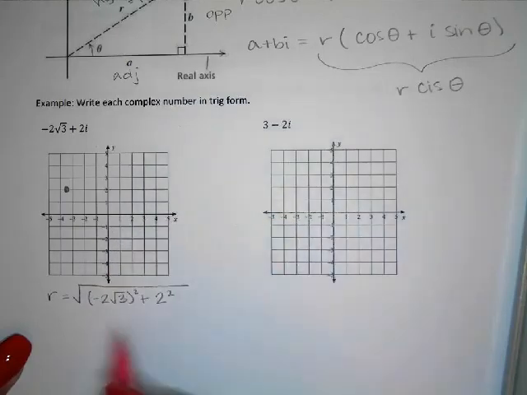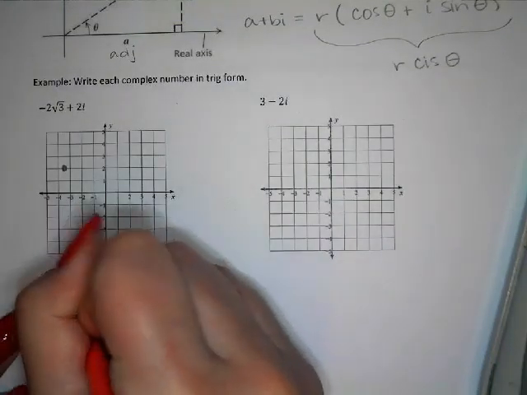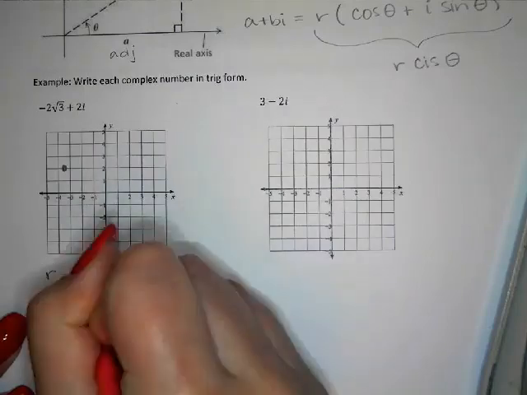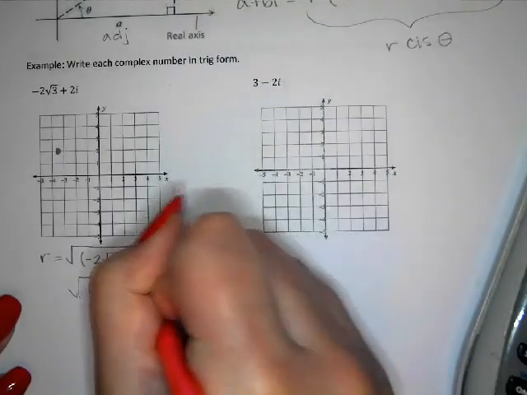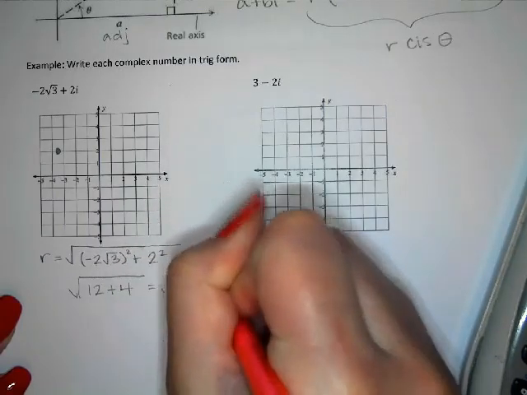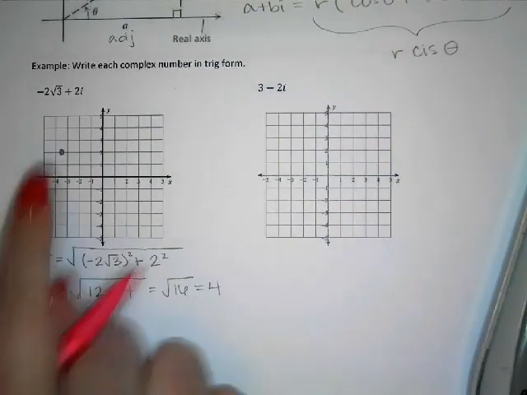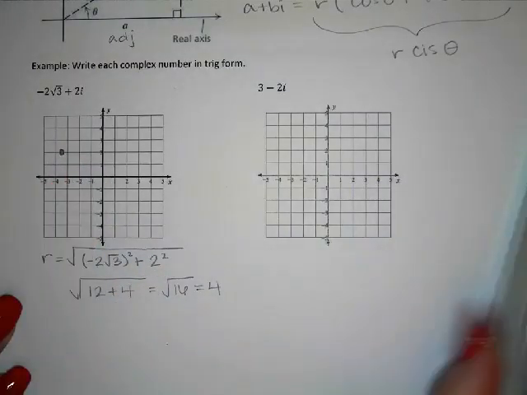So negative 2 squared is 4. 4 times 3 is 12. So this is the square root of 12 plus 4, which is the square root of 16, which is 4. Okay, so the modulus is 4. The distance between this and the origin is 4, or the absolute value of that complex number is 4.